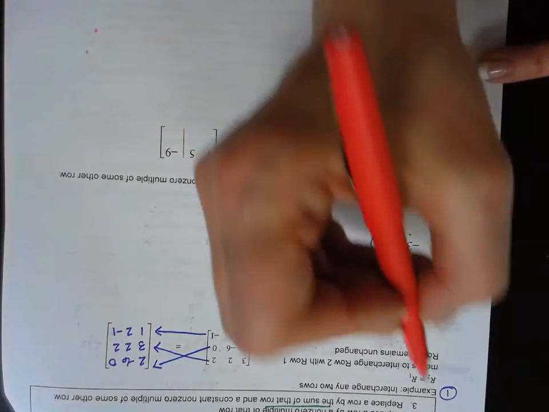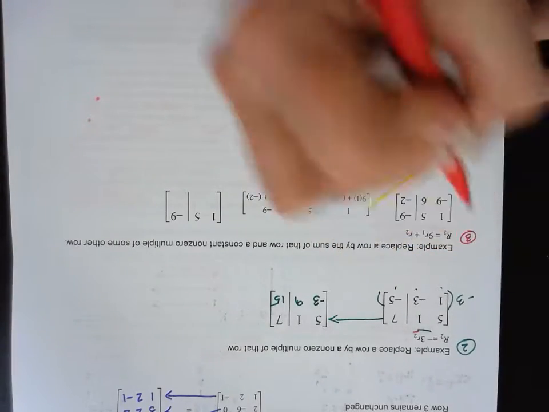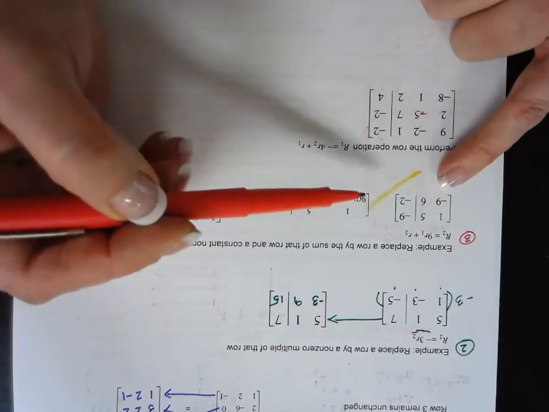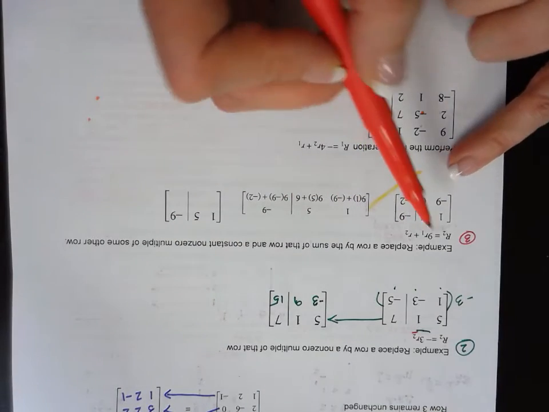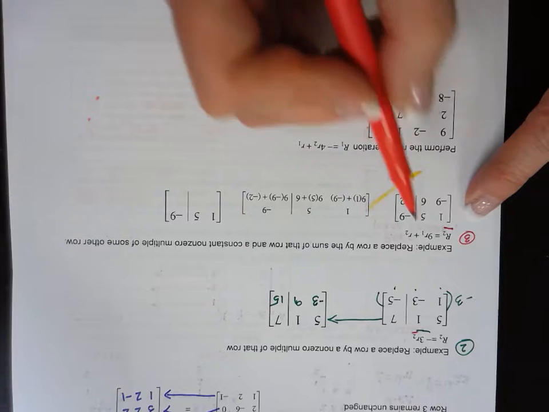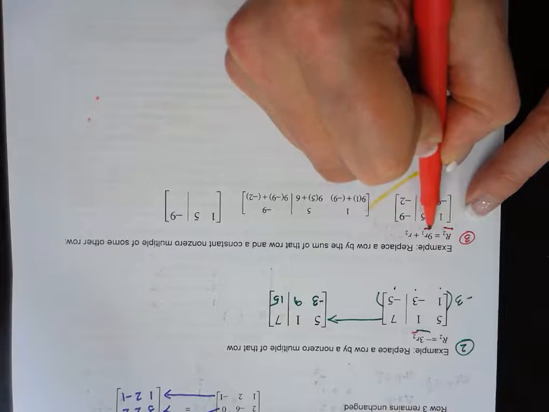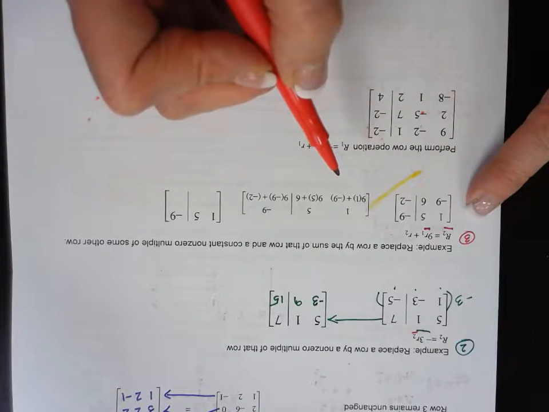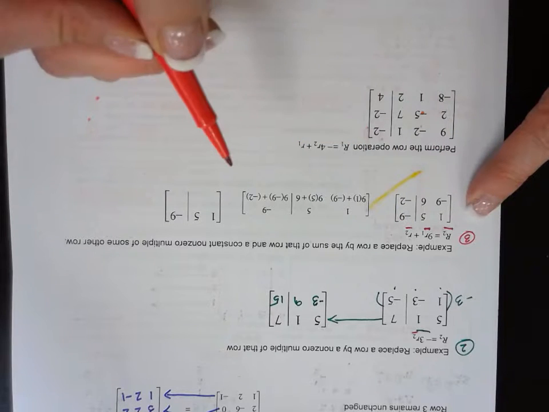All right, and for the last one, number 3, you can basically combine the two. What this is saying is I'm going to take row 2 and multiply row 1 by a number, and then add it to that row.